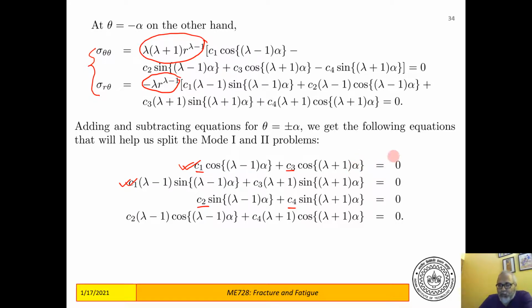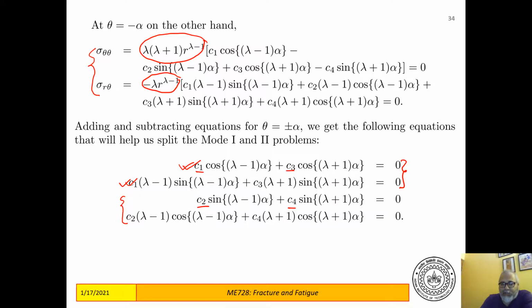This is also a homogeneous simultaneous equation because the right hand side is 0. So for C1 and C3 to have non-trivial solutions, that means for C1 and C3 both to be not equal to 0, what I need is the determinant of this to be equal to 0. Similarly, for C2 and C4 to be not equal to 0, I need the determinant of these two equations to be equal to 0.